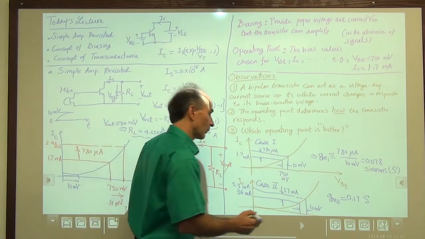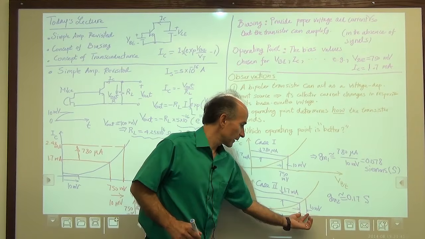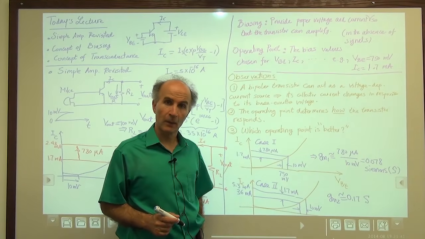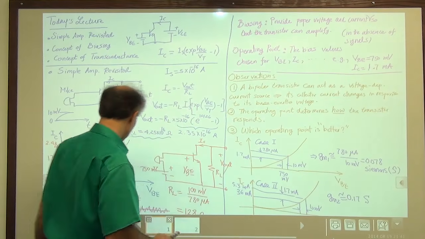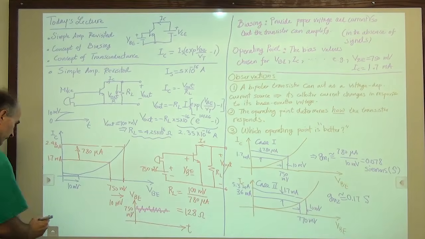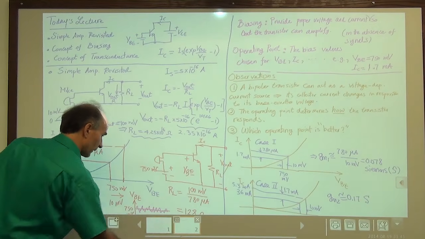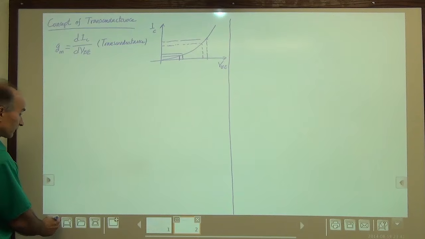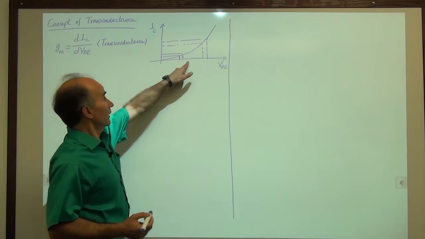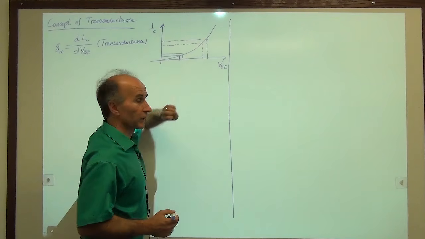Now these are both approximations because I don't know if this increment is small enough. But hang on to that. We'll come back to that in a few minutes. All right, so we calculated transconductance in these two cases, and we saw that indeed as we go higher up in the curve, the GM increases. GM1 is over here, GM2 is over here.